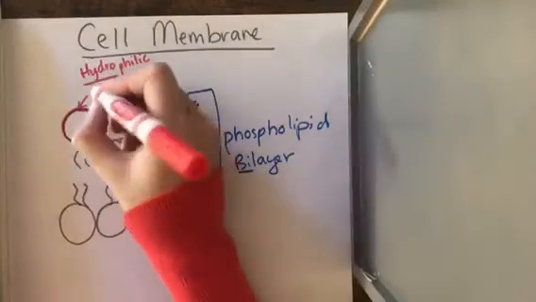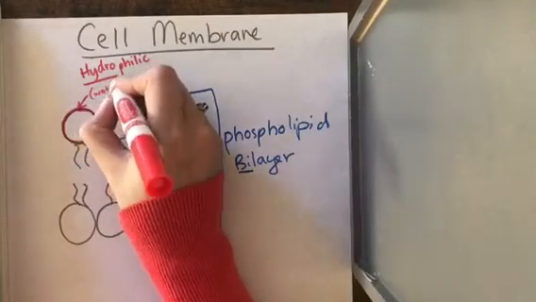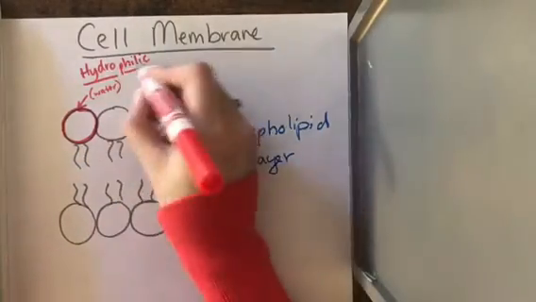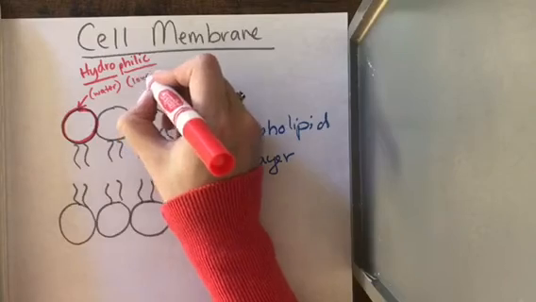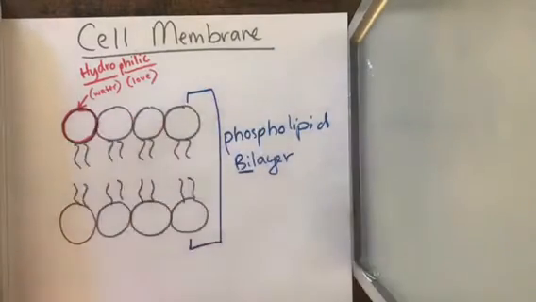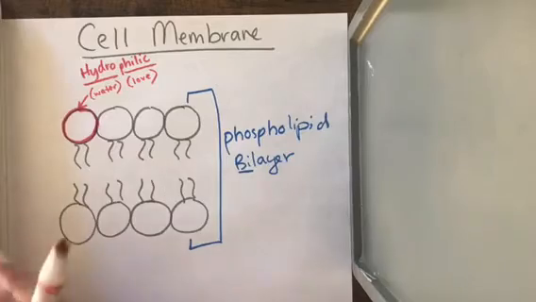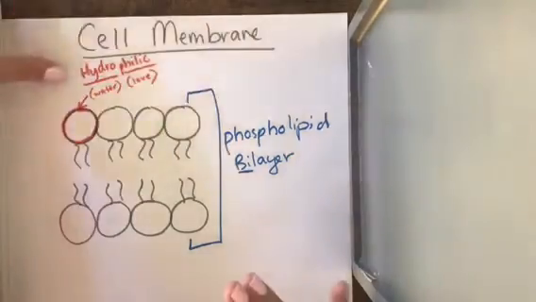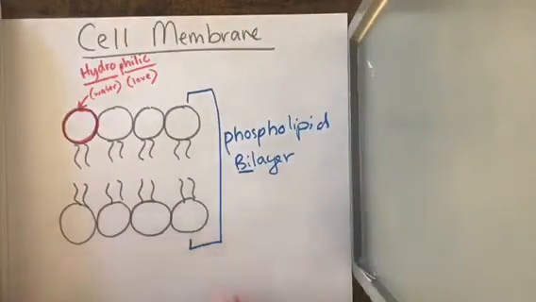So hydro means water, and philic means like or love. So the heads, they love water, and that's just going to make sense because most of your body is made up of a lot of water. Outside of your cells you have water, and inside your cells there's going to be a lot of water.